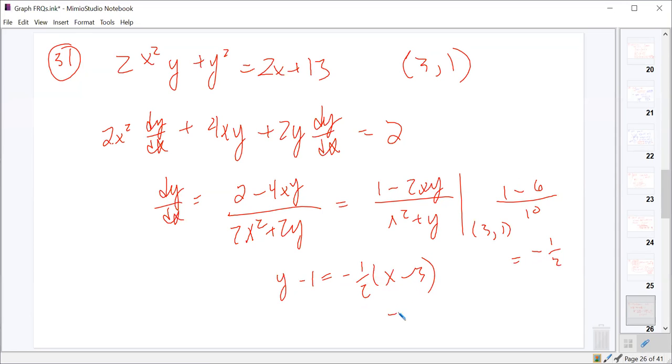So 2.8 minus 3 is negative 0.2. Negative 1/2 times negative 0.2, negative times negative cancels out, half of 0.2 is 0.1. We'll add 1 to that to find the y value, so 0.1 plus 1 ought to be 1.1. Any questions there on 31?